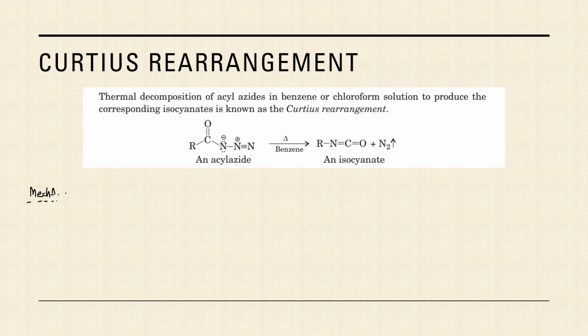If I write the mechanism of this reaction, it will go like this: RC double bond O, N minus, N plus. Okay, when you heat it, the negative charge on the nitrogen delocalizes to oxygen, and this creates a resonating structure.